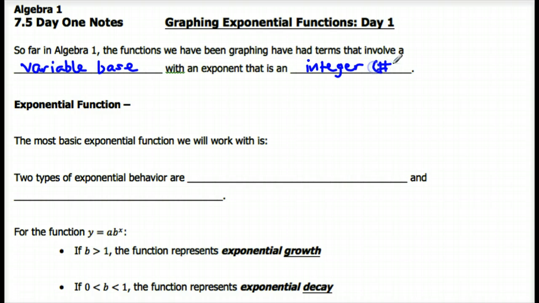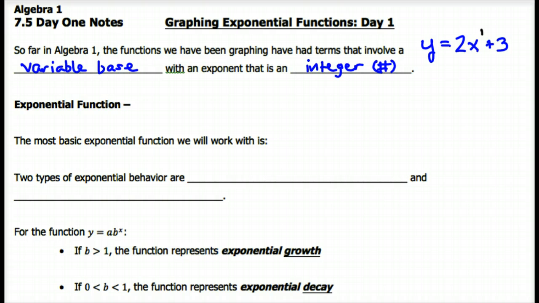So what we've been spending most of our time graphing are lines. Okay, so now that you know a little bit about exponents, you know that a line, its equation looks something like this. Here's an example of a line: y equals 2x plus 3. And the exponent on the x value in a line is a 1.